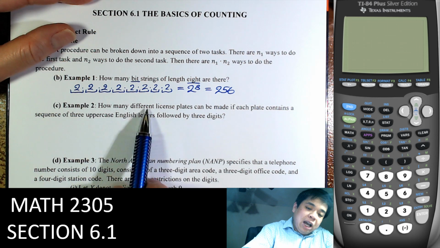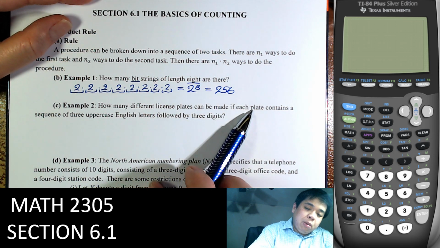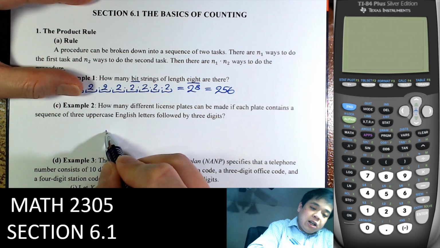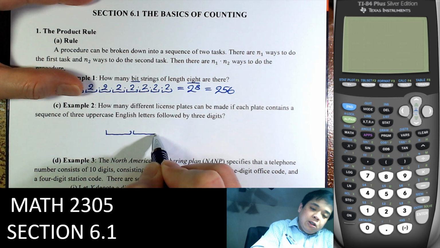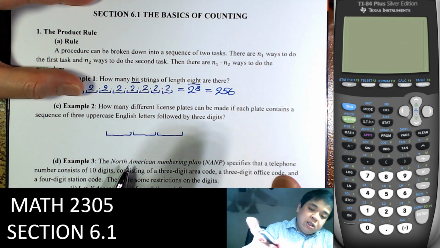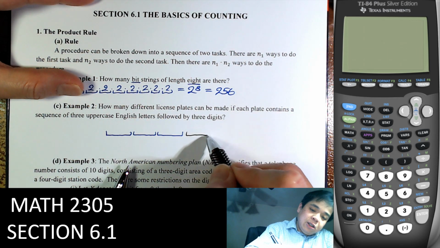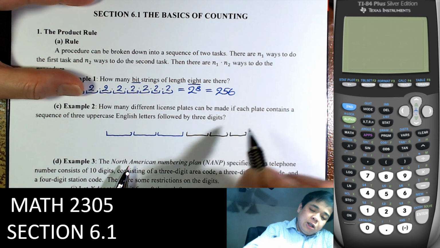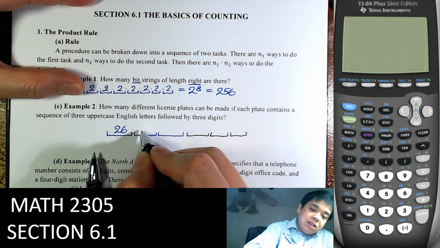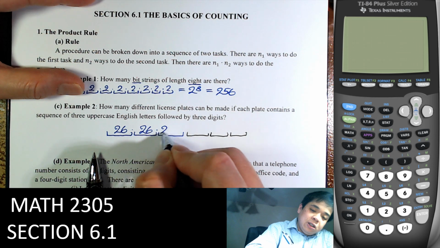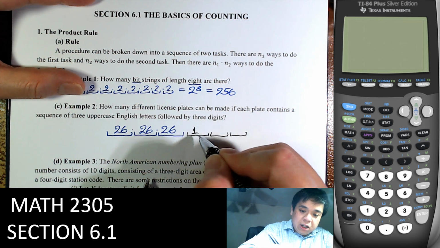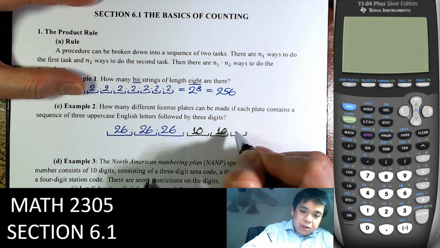How many different license plates can be made if each plate contains a sequence of 3 uppercase English letters followed by 3 digits? For English letters, there are 26 in the alphabet. And the digits are 0 to 9, so 10 each.